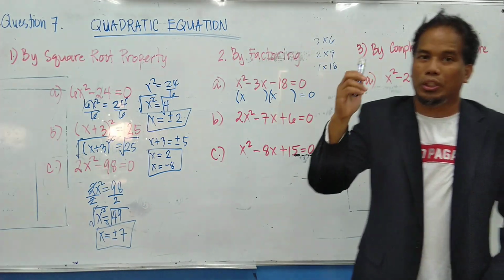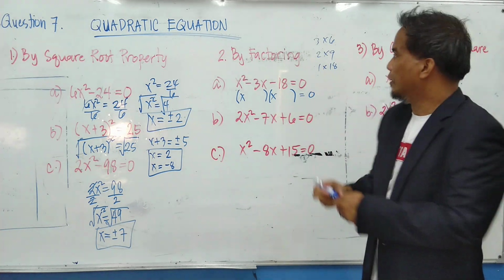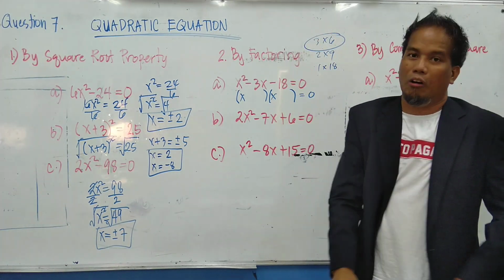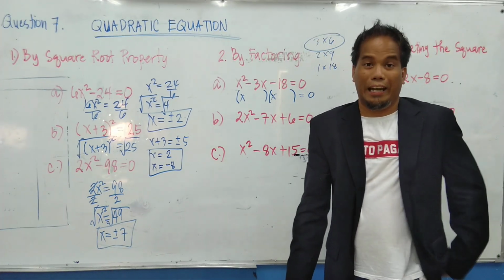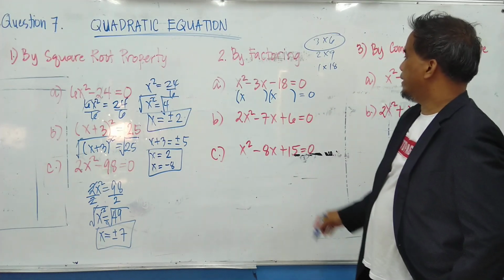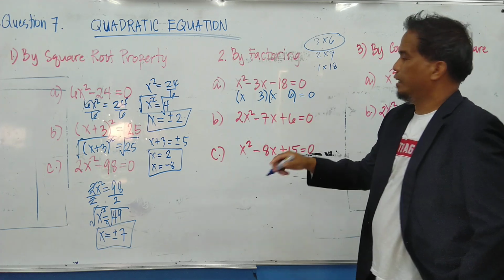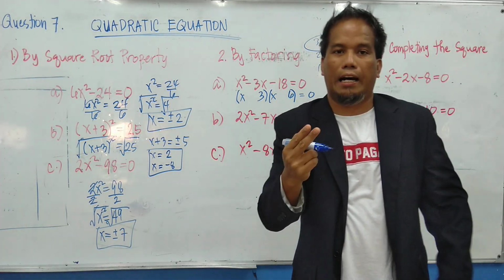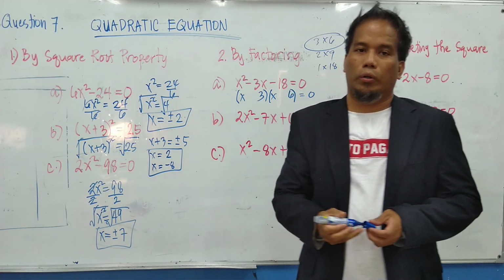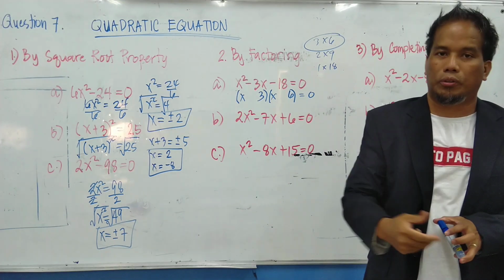So if we will use addition or subtraction, the possible combination of factors is 3 and 6. So we will write here 3, then 6, then what will be the sign or operation that you are going to use?